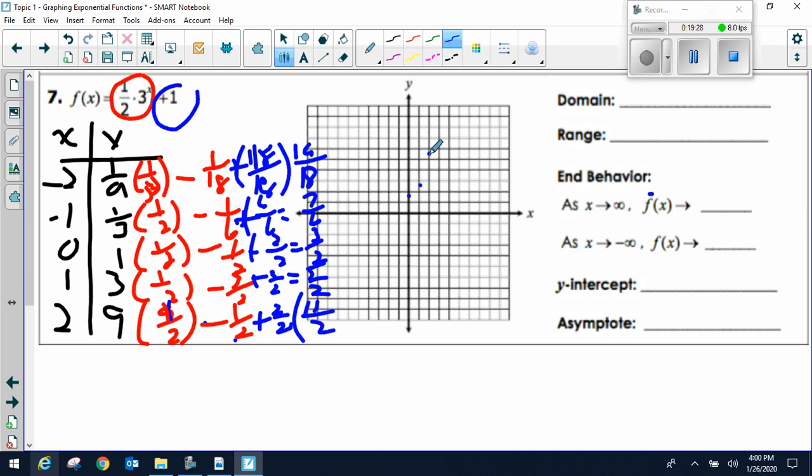And then as you go this way, you're kind of creeping along. What has happened now is your entire graph has shifted up 1 unit, which means your new asymptote is now here. That's your asymptote, y equals 1. Your y-intercept is at 0, 3 over 2.